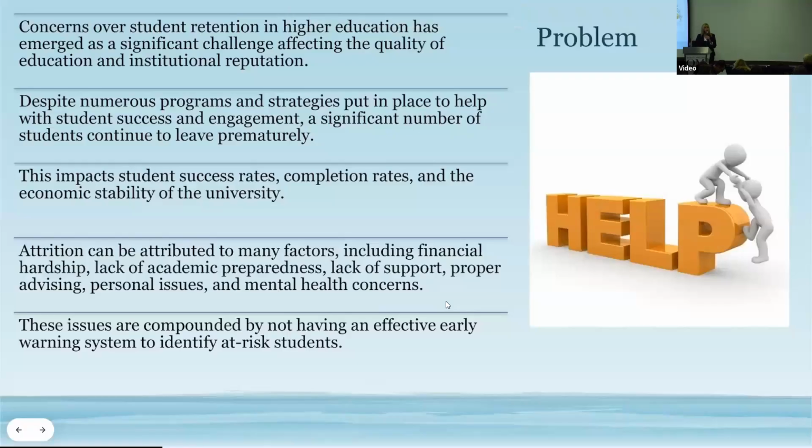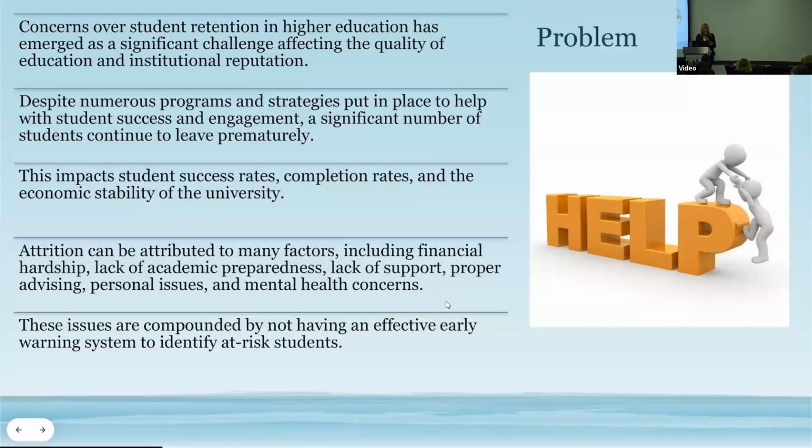So I'm just going to go over some of the problems in the industry. Concerns over student retention in higher education has emerged as a significant challenge affecting the quality of education and, of course, institutional reputation. Despite numerous programs and strategies put in place to help students with success and engagement, a significant number of students continually leave prematurely.